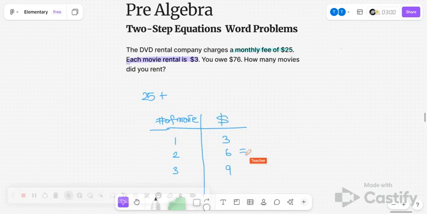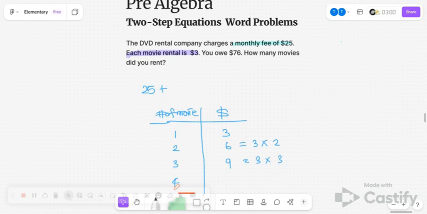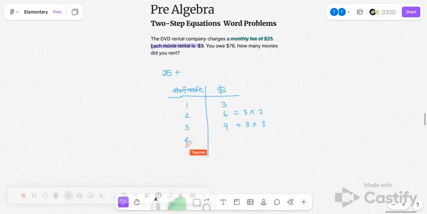Instead of multiplying 3 times 2 in your head, I'll just write 3 times 2, 3 times 3, to see the pattern. Like I said many times in my channel, math is all about patterns. If you rent 4 movies, it's going to be 3 times 4. If you rent 5, it's going to be $3 times 5.